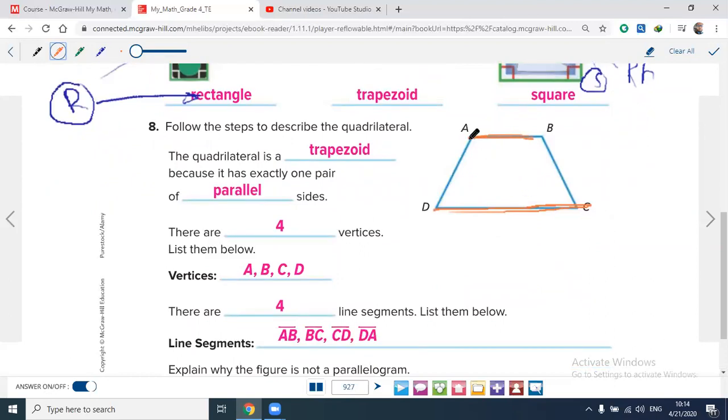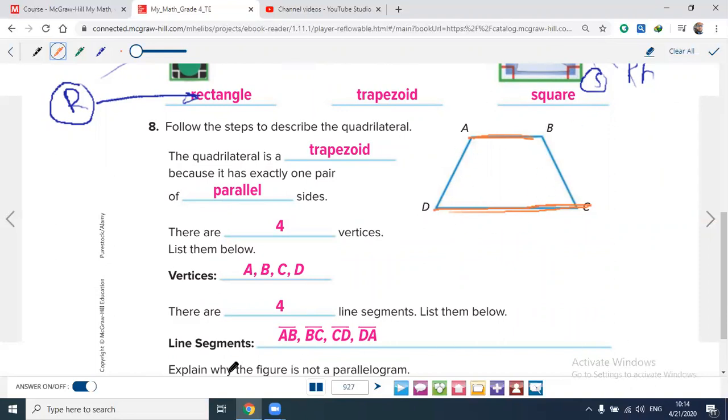The line segments here are AB, BC, CD, and DA. They are called line segments, the lines around the shape.